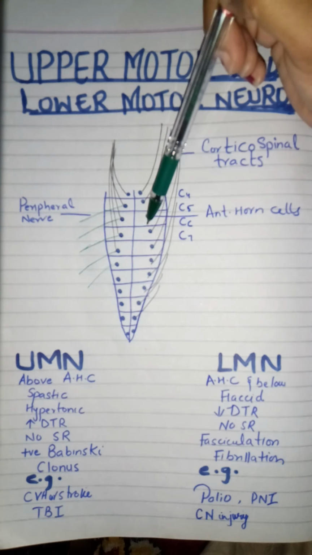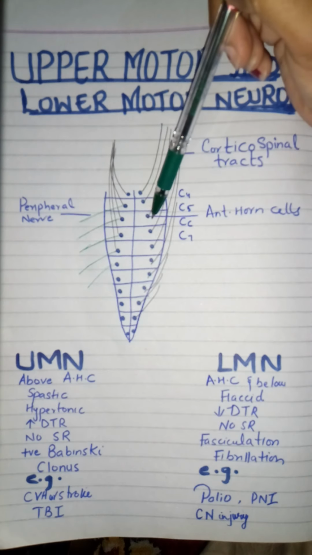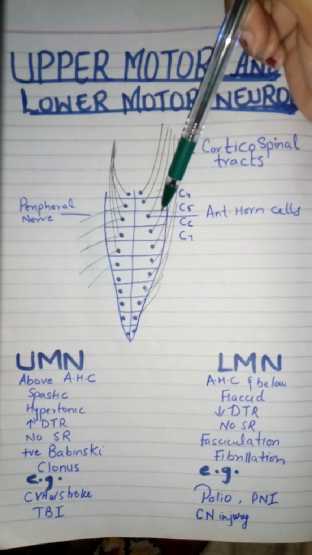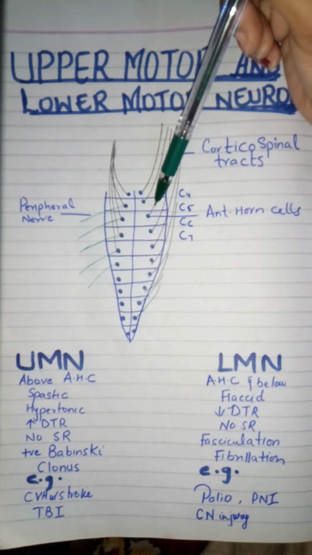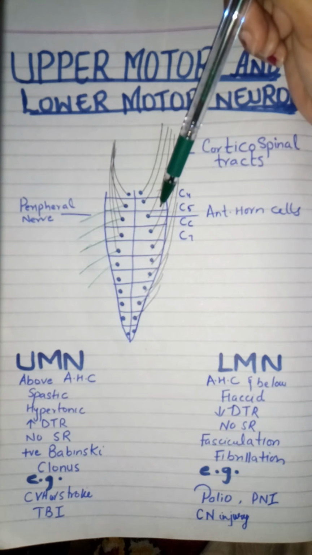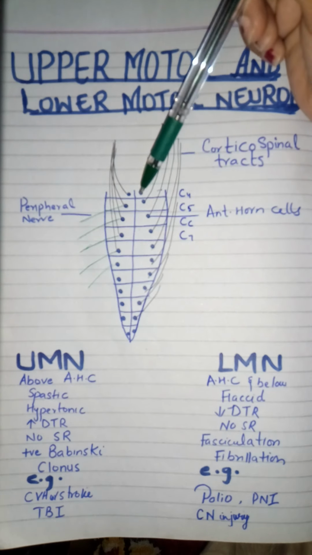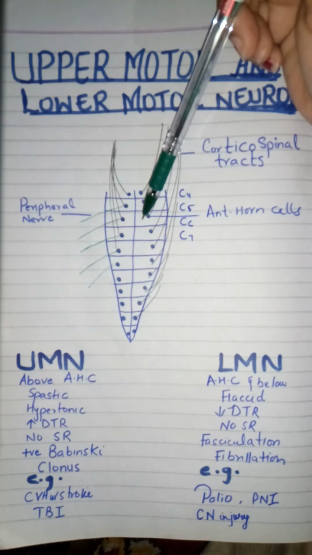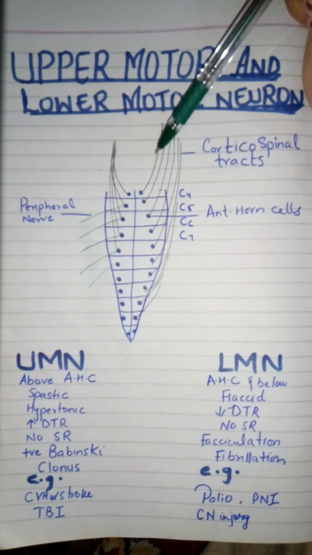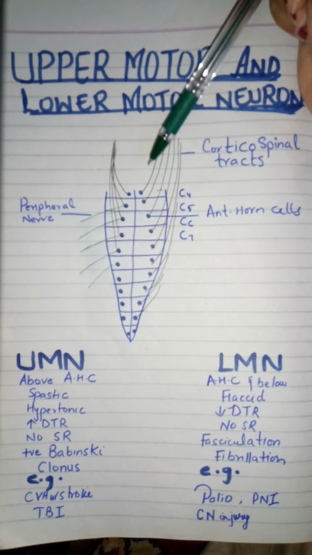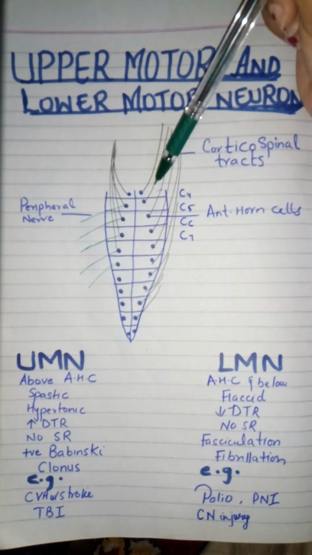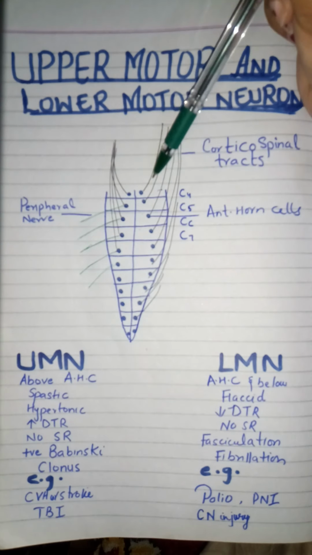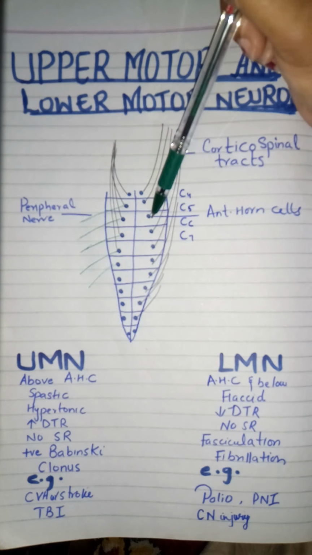Coming below C5, at C6 and C7, the injury is above the anterior horn cells, for example to their corticospinal tracts, because the corticospinal tract for the lower level will first pass through the upper levels of the spinal cord. For example, the corticospinal tract for C6 will first pass through C4 and C5, then reach C6.